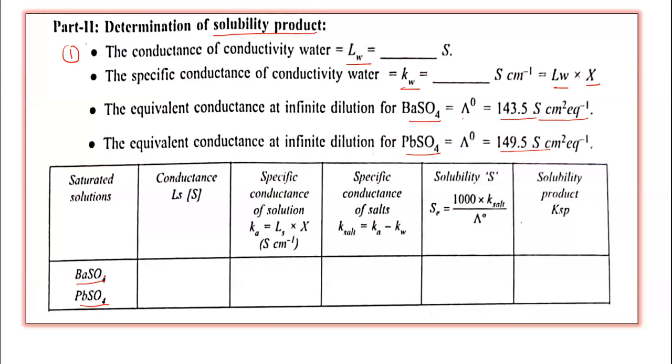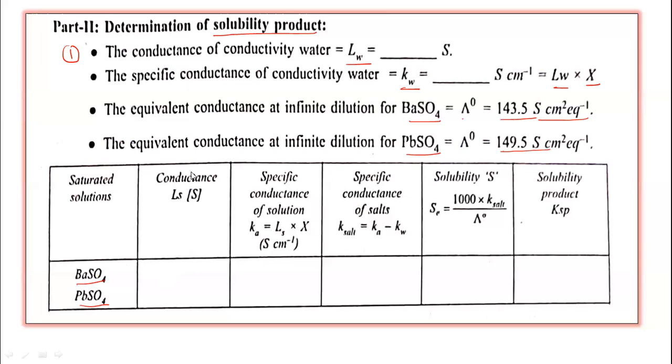First of all, let us see barium sulfate. In this experiment, we have to prepare the solution of barium sulfate. The sparingly soluble salt barium sulfate is actually not soluble in water, so we get a turbid solution. We prepare the solution of barium sulfate, then it is filtered, and we take the filtered barium sulfate solution and measure its conductance.